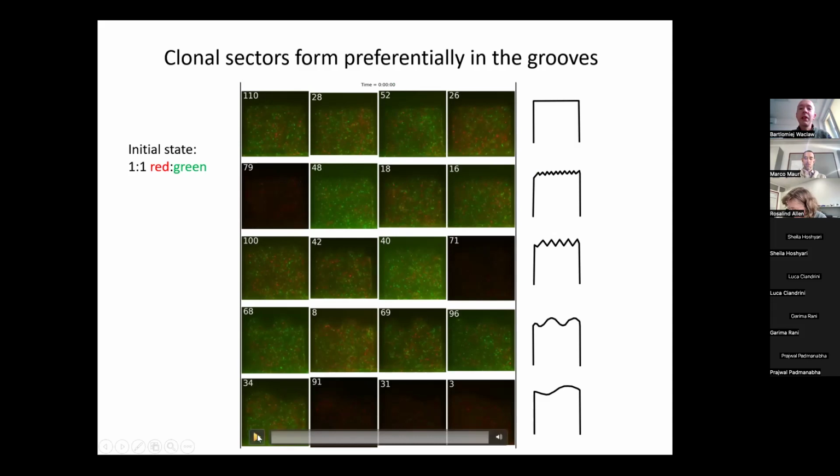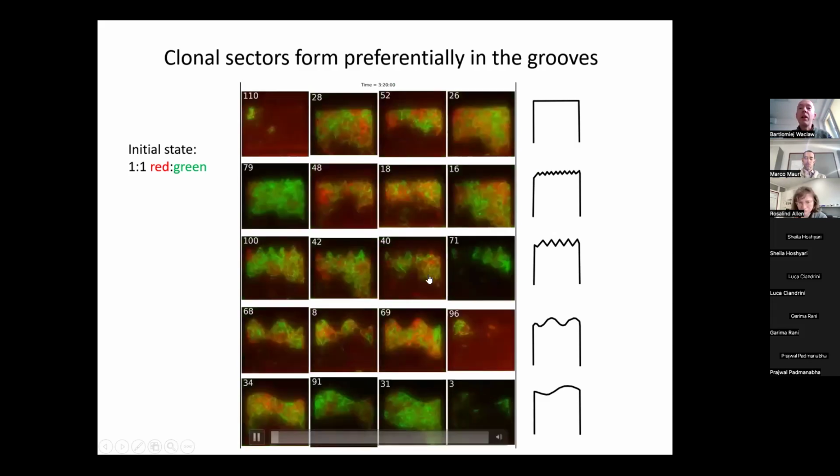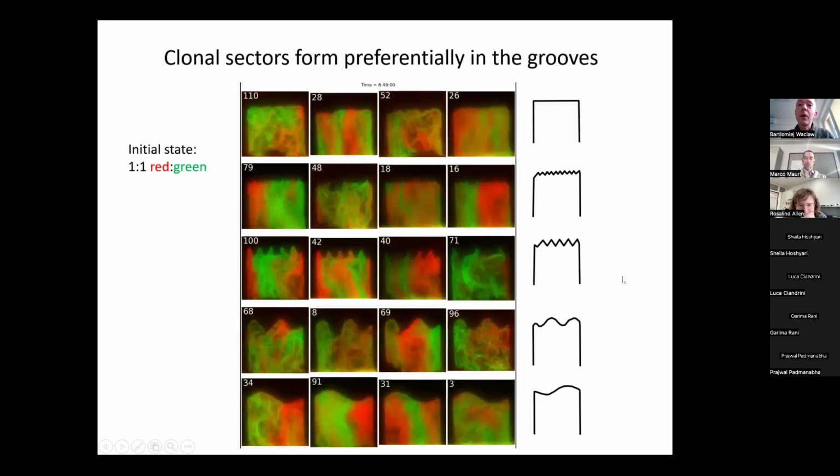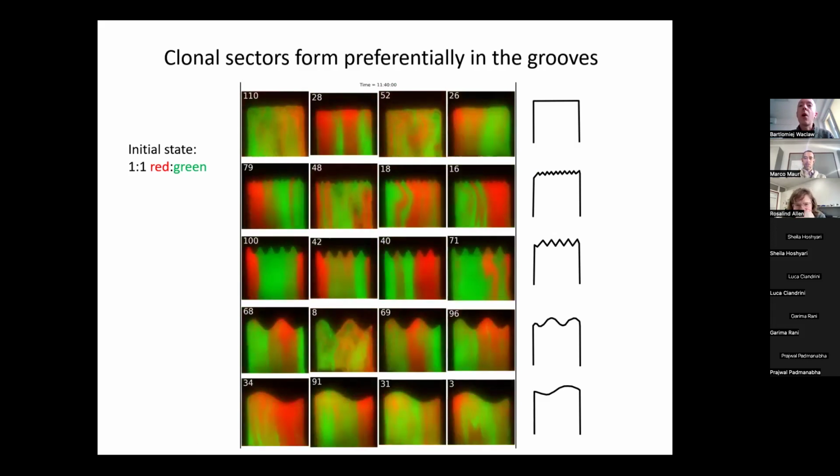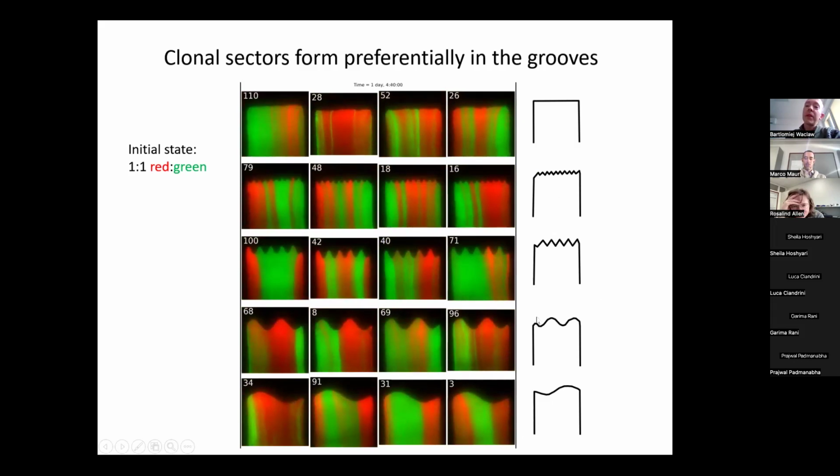And what you will see is that eventually these clonal sectors form in all the wells of different shapes, but where the sector is actually positioned depends on whether the surface to which they attach is corrugated or not. So in the case of a flat surface, these sectors form at random locations, but in the case of a corrugated surface, the sectors form preferentially in the grooves on the surface to which the biofilm attaches.